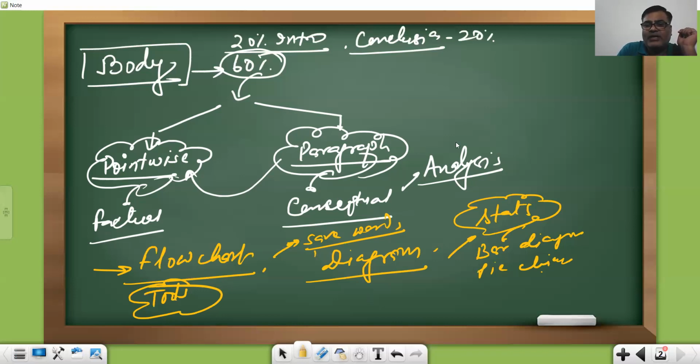Now let us talk about the next one, and that is what should be the conclusion. So conclusion, if you are asked, remember, in most of the cases, since our childhood, we have learned that there must be a conclusion, and it is very much part of the structure of the answer.